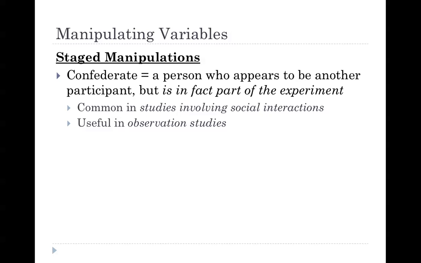So this researcher would go up to a participant and either smile and make eye contact, smile and not make eye contact, not smile and make eye contact, or not make eye contact and not smile while asking them to put out their cigarette. But here, this individual did not know that this person was in fact part of the experiment. So this both involved social interactions, and it was useful in this observational study.